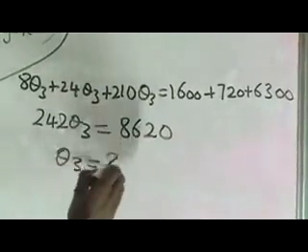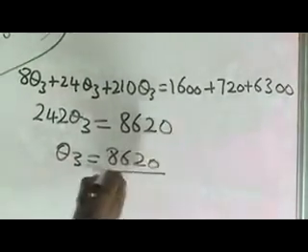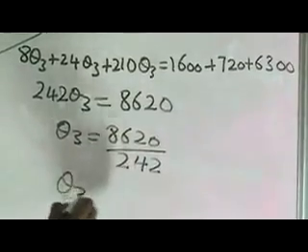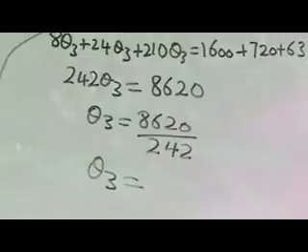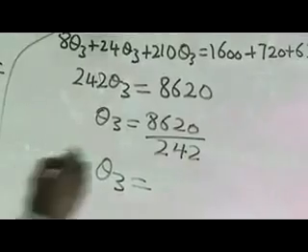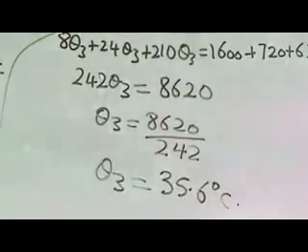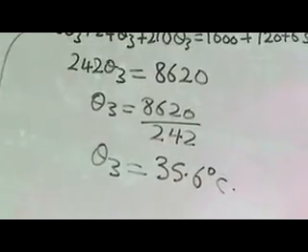So we have our theta 3 to be 8,620 over 242. So our temperature of the mixture equals 35.6 degrees Celsius. And that is the basic idea we need in specific heat capacity.